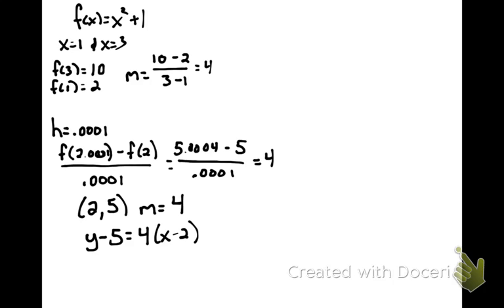And if I graph the original function, x squared plus 1, it looks something like that. And if I graph my tangent line through the point 2, 5, I'm going to see something that looks roughly like that.